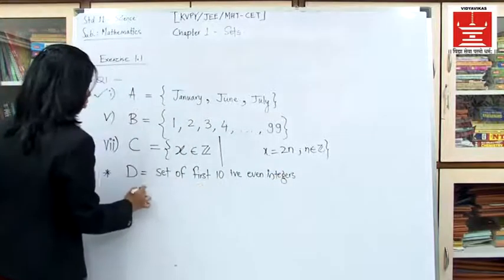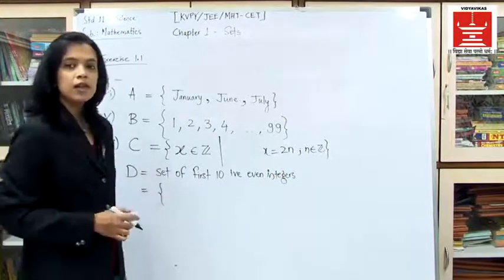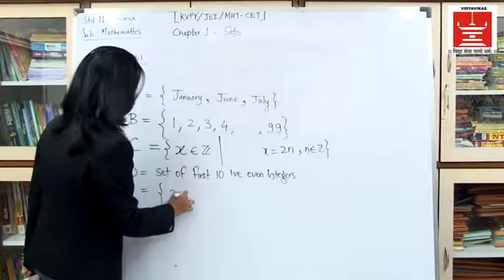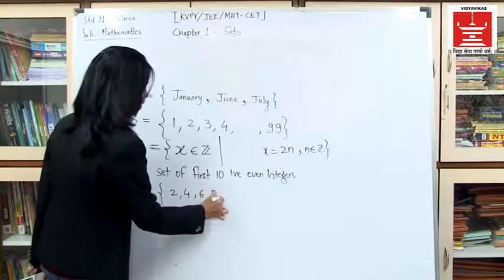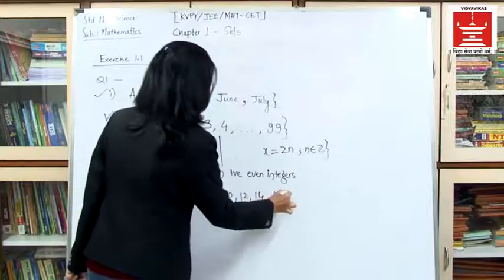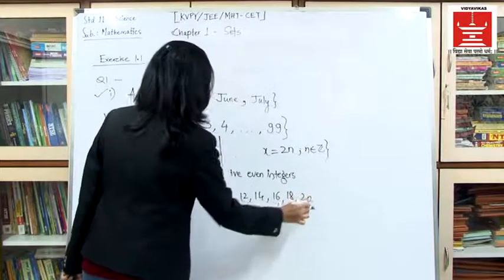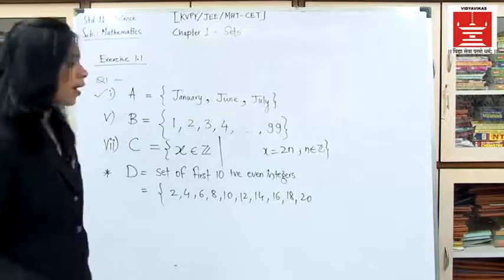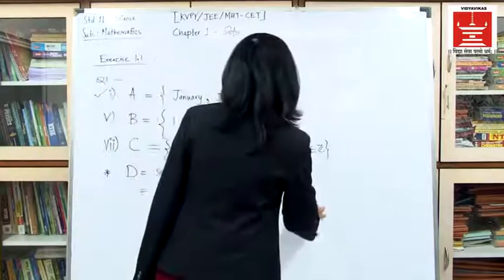So, since we want positive, we will not consider 0. It will be simply 2, 4, 6, 8, 10, 12, 14, 16, 18, 20, and that's it.